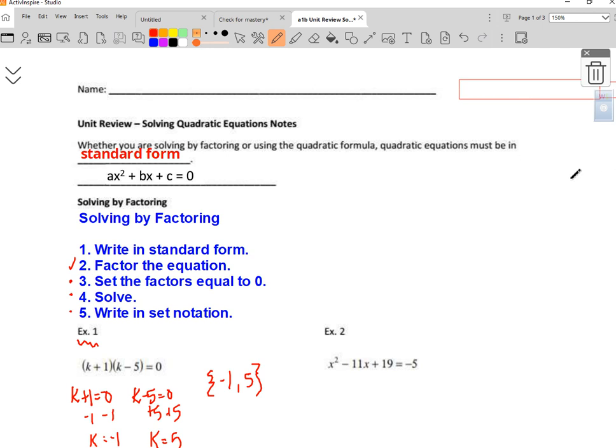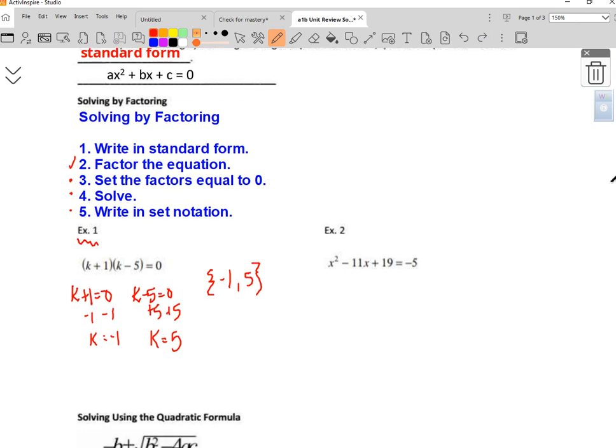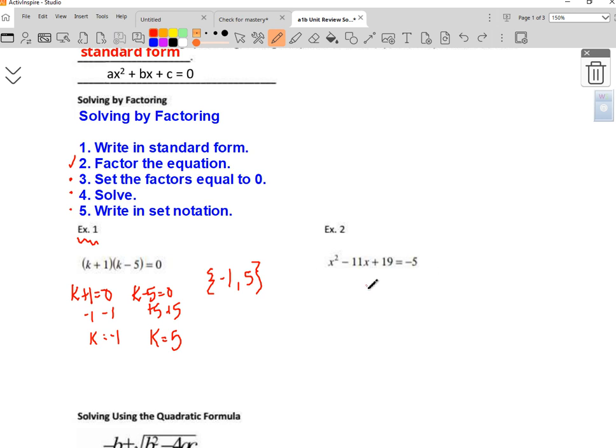I love those. Okay. Now, this one is not factored and not in standard form yet. So this one we've got to do all of our steps. The first thing we've got to do is write it in standard form. That just means move everything to one side and put it in order: x squared first, x term second, constant third, right?